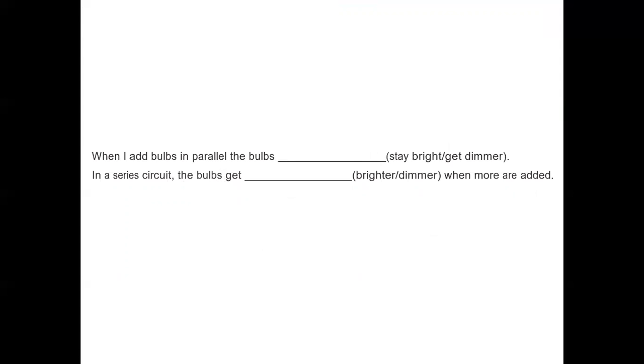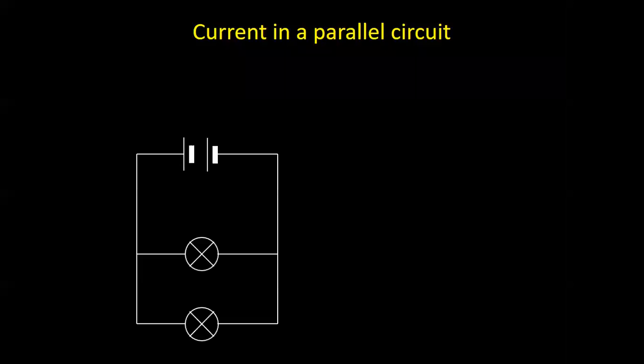Okay guys, so when you add bulbs to a parallel circuit, they stay bright because each of the bulbs takes the same amount of power. However, in a series circuit, each time the electricity goes through a bulb, there is less and less power, so it becomes slightly dimmer each time.